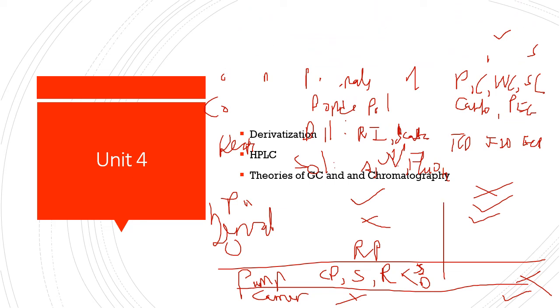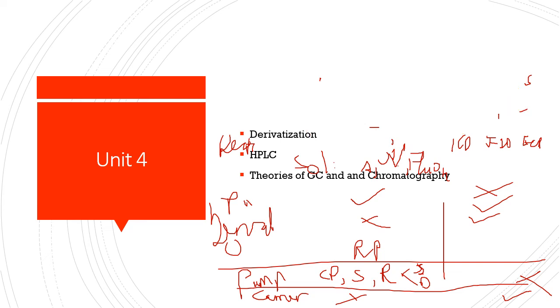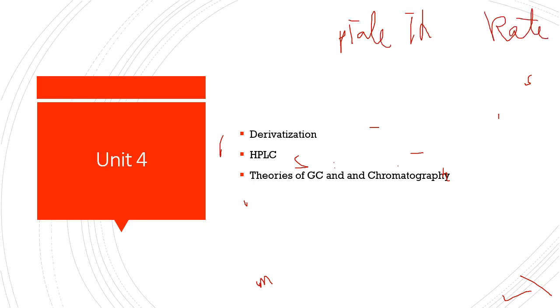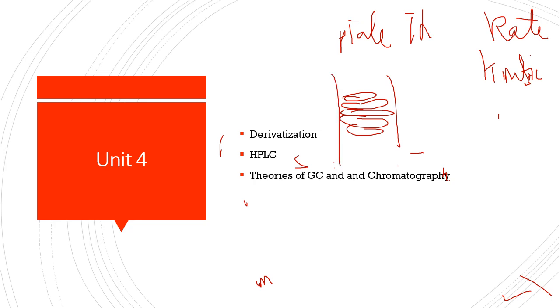And the two theories of chromatography. There are two theories of chromatography that are very essential and important. One is the rate theory and one is the plate theory. The rate theory is also called the kinetic theory. In the plate theory, they imagine that there are small, narrow, discrete, continuous and hypothetical plates packed in a column.